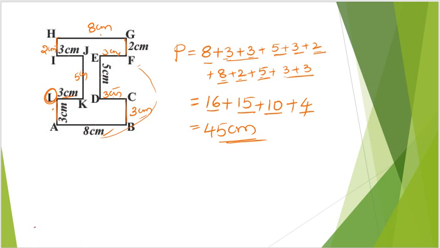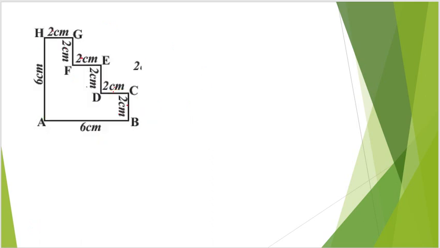So if you observe, 8 plus 3 plus 3 plus 5 plus 3 plus 2 plus 8 plus 2 plus 5 plus 3 plus 3, totally I am getting 45 centimeters. Next, this is a staircase you have observed at your homes. If I add all these, how many 2s are there? 1, 2, 3, 4, 5, 6.